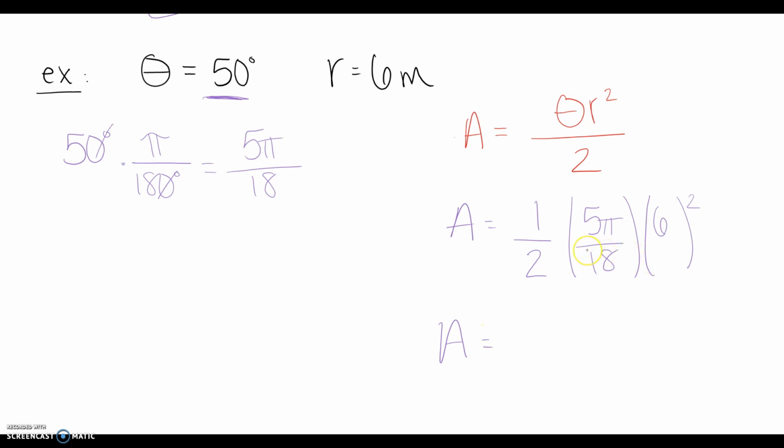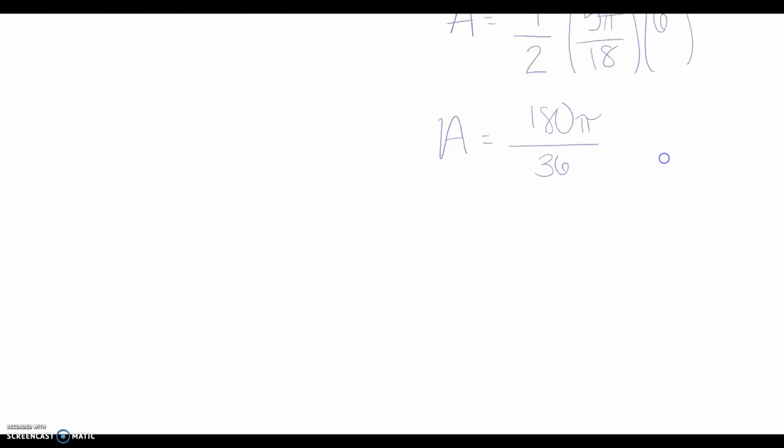Now 6 squared is 36, and 36 times 5 is 180. Don't forget my pi. And 2 times 18 is 36, could have simplified that earlier. So 180 divided by 36 is just going to leave us with 5 pi.